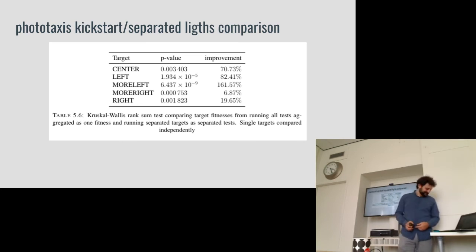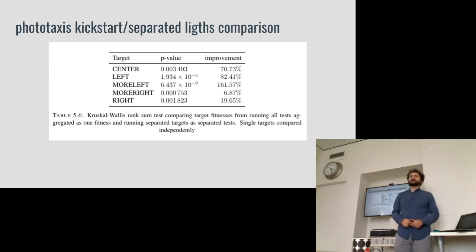When you were testing different targets, what was the order of testing? Left, center, left, right, more left, more right. To give you a translation, more left were the ones very, very left.